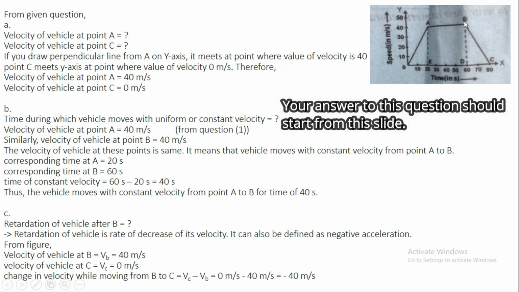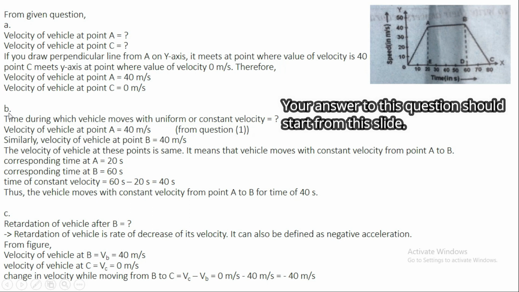This means if the velocity of the vehicle at point A is 40 meters per second, then the same velocity holds for the object at point B. So the velocity of the vehicle at point B is also 40 meters per second. This is the answer for question A.